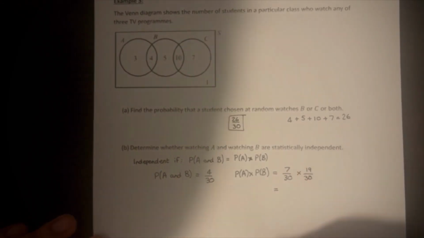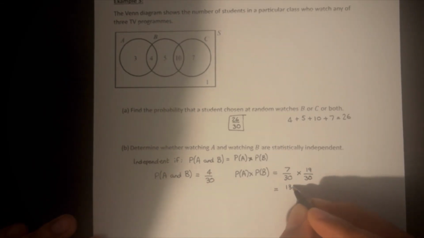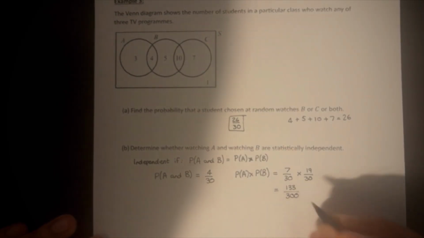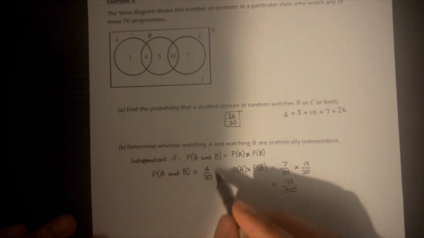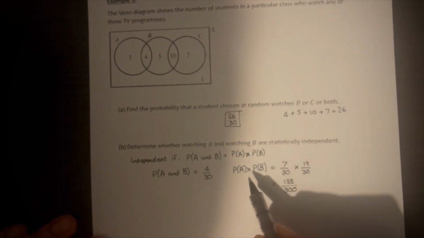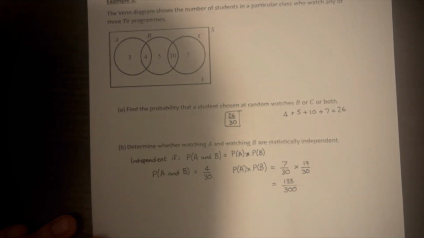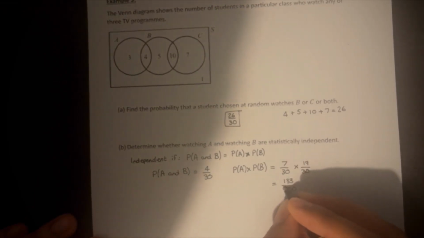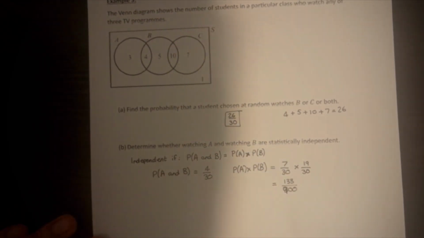When we multiply those together, we can use our calculator for that. That's going to give us 133/300. Rather, 30 times 30 would give us 900, so that's going to be 133/900. So the probability of A and B was 4/30, and the probability of A times the probability of B was 133/900.